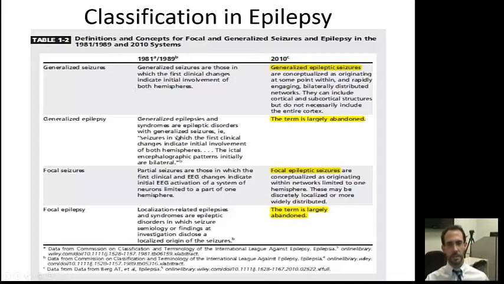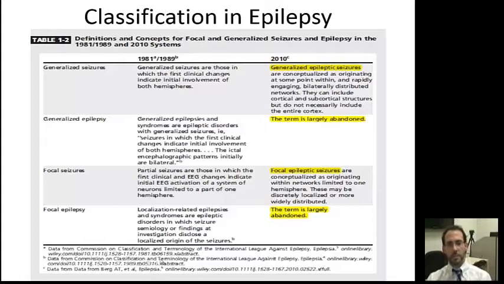Now that has changed over time, by the new classification from 2010, which is available in an online library that you can access, and has been described by Berg et al. in Epilepsia. Pretty much the concept has been trying to make it more concise and more objective oriented.